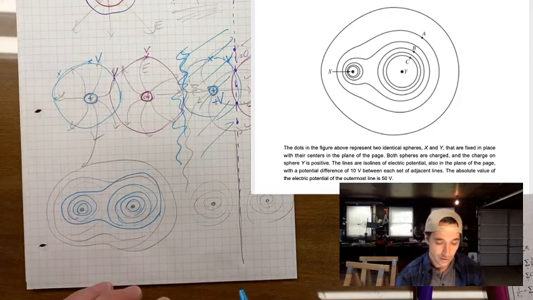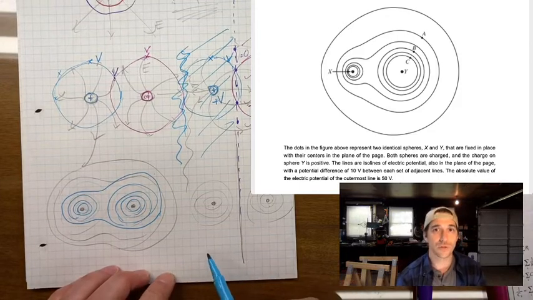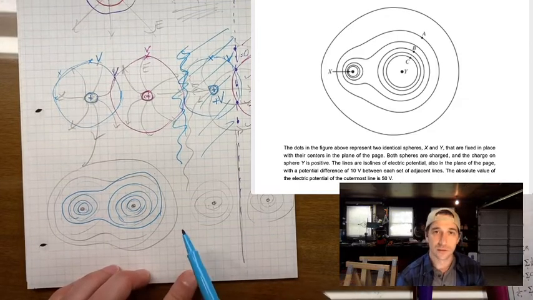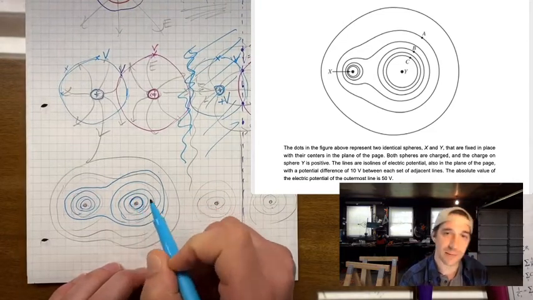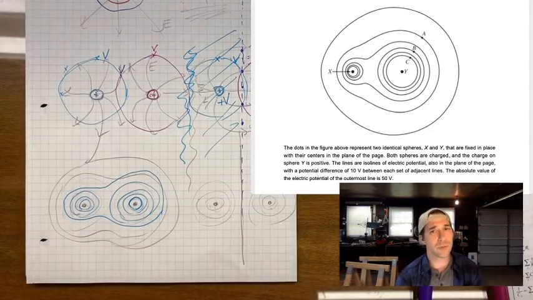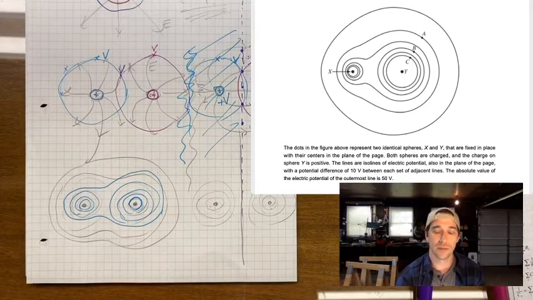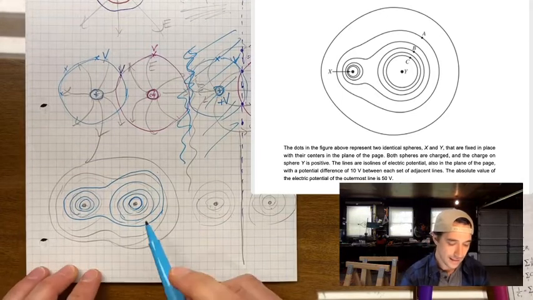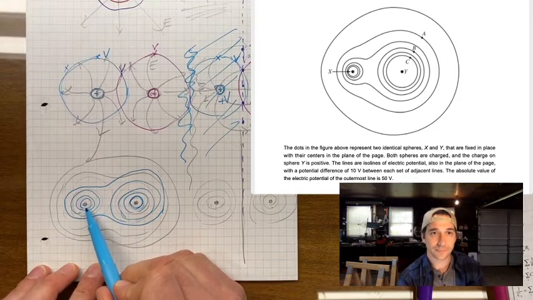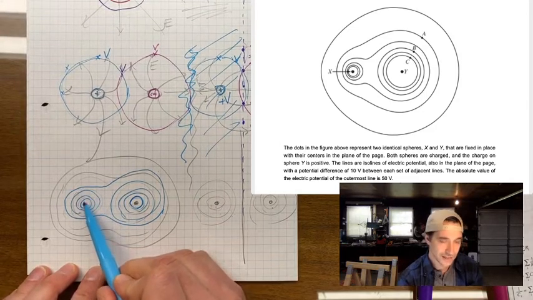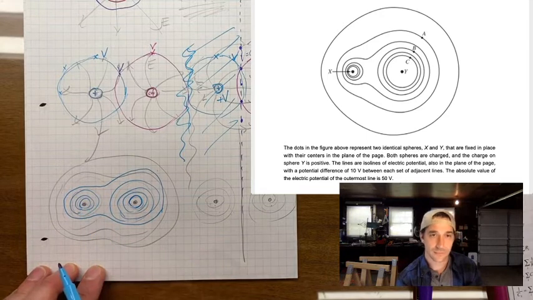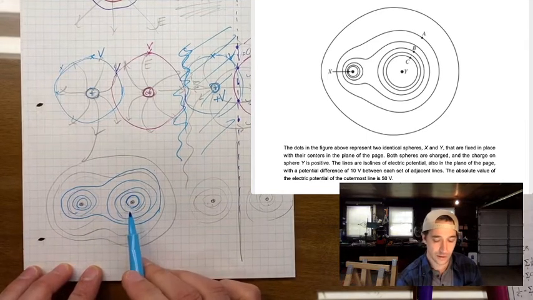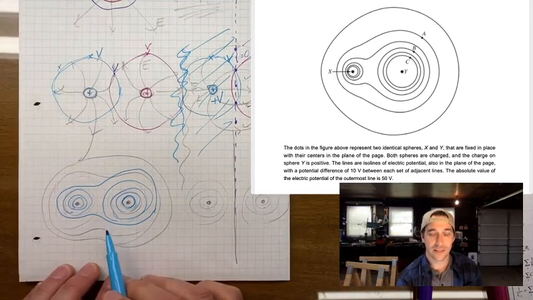But as you go closer and closer to Y, you're going to get 110 and maybe 120. We don't know exactly, but there'd be more rings in there. Just know that there would be more rings in there, okay? And then over here, you would have fewer rings working their way towards X. Okay, so that would be how it would look if they were out of balance in that case.